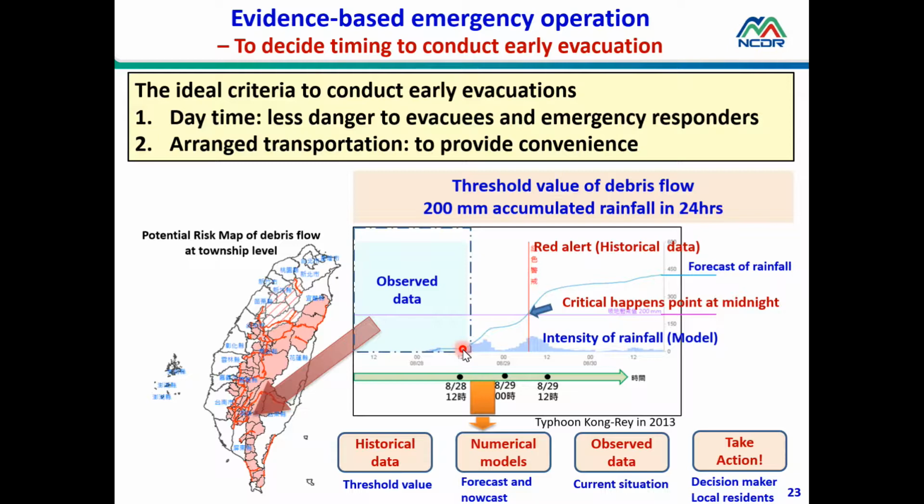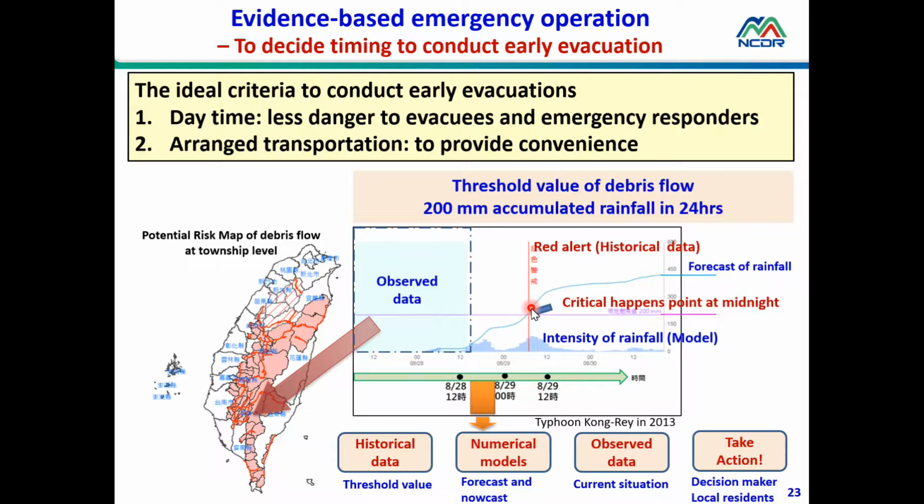But to forecast the time to evacuate, we still rely on the numerical model. You see a lot of bar charts here, and the cumulative rainfall at this point combines observed data and numerical data. Based on this chart, we realize that in the early morning of August 29th it reaches the threshold value.